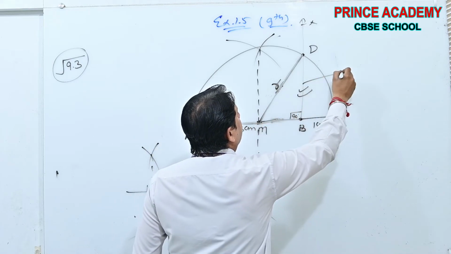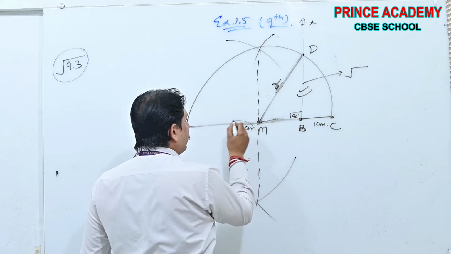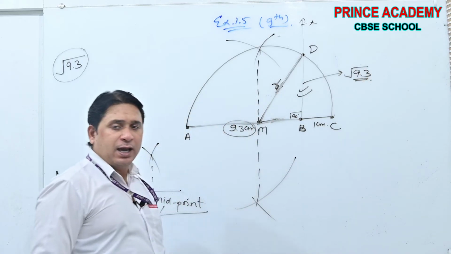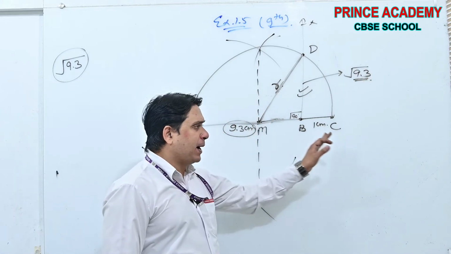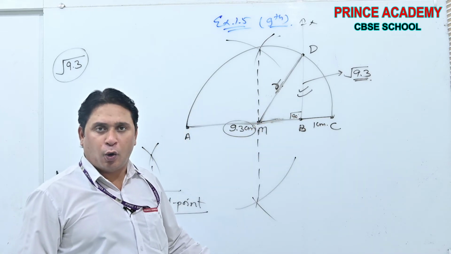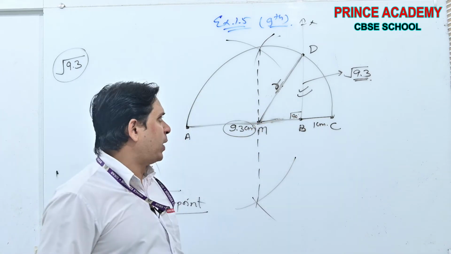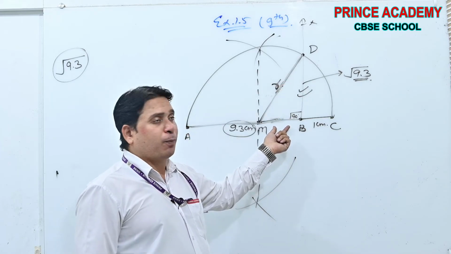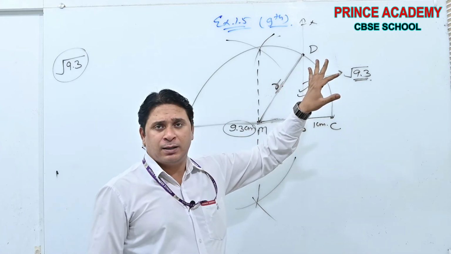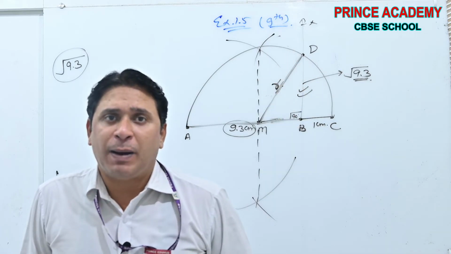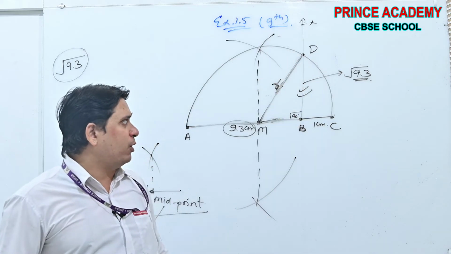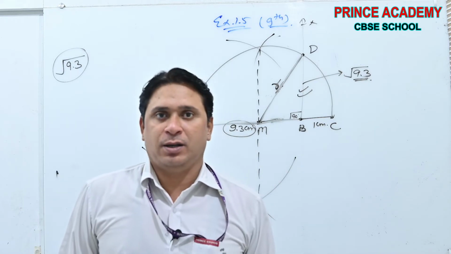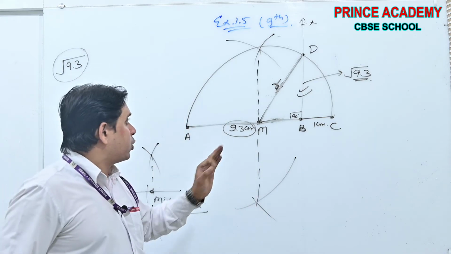This will be root of 9.3, because this is 10.3 divided by 2. Okay, then 5.65 minus 4.65. Then you take the Pythagoras squares difference, and then you will find root 9.3. Okay, this was the construction. You can take the screenshot.